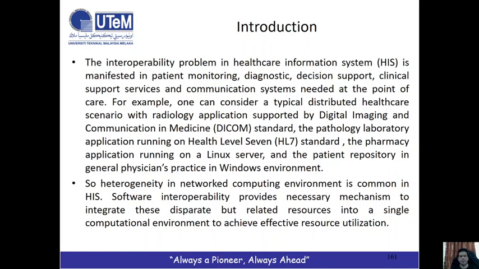So that's why interoperability is a problem in the healthcare industry, because there are many parties, many services, and many departments involved. Take one example: medical systems or medical equipment use their own standard.